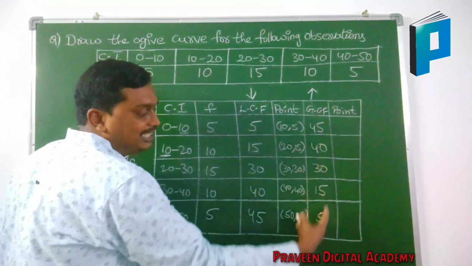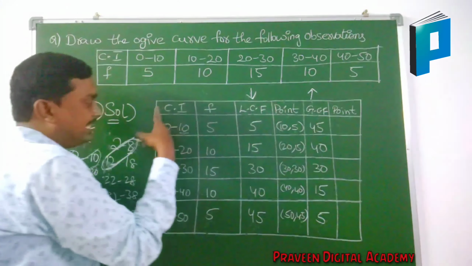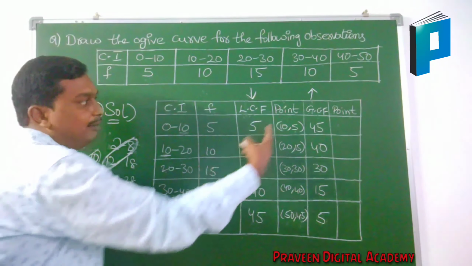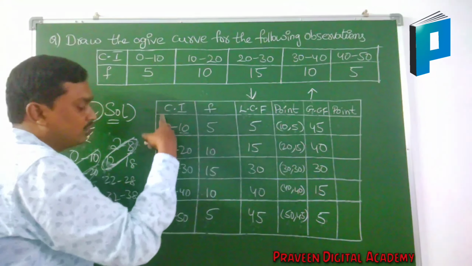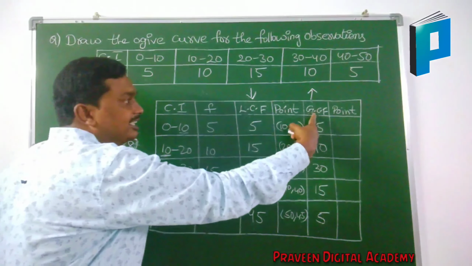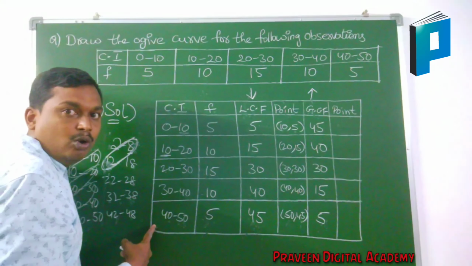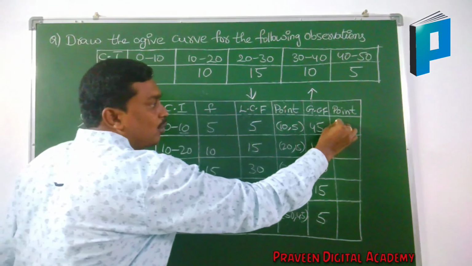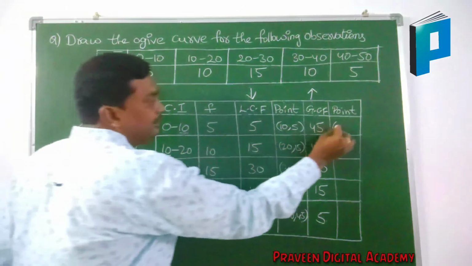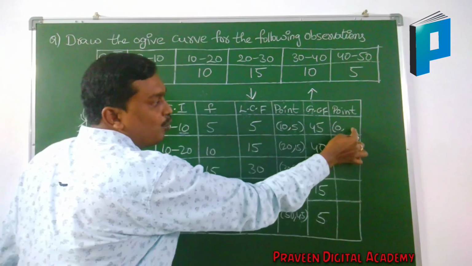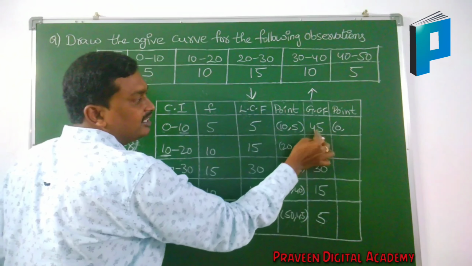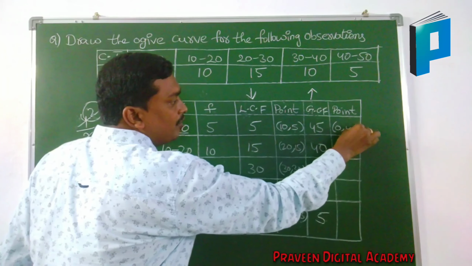In the same way for GCF, the x coordinates are lower boundaries. Why? Because here the upper boundary is completed. So for GCF we take the lower boundaries as x coordinates. What is the lower boundary here? 0, comma, the y coordinate is GCF. What is the GCF here? 45.